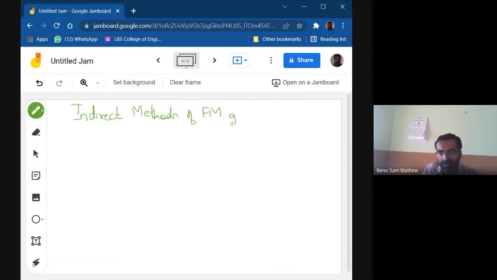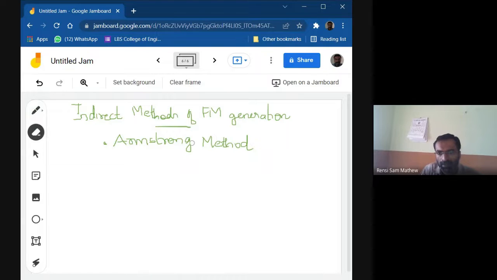And one very, very important method is Armstrong's method. Armstrong is the one who found this method, so that is why we gave the name Armstrong.